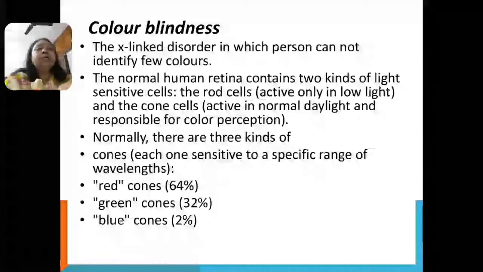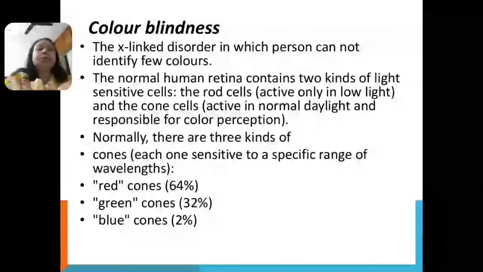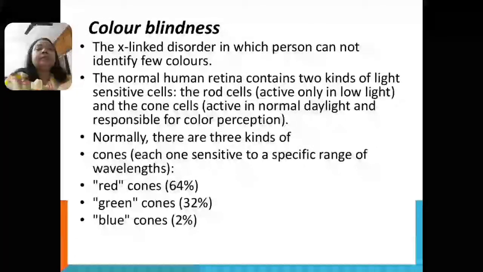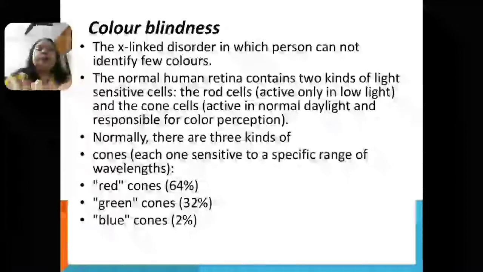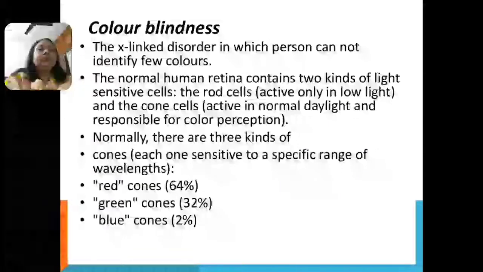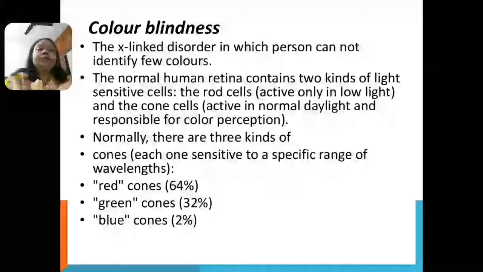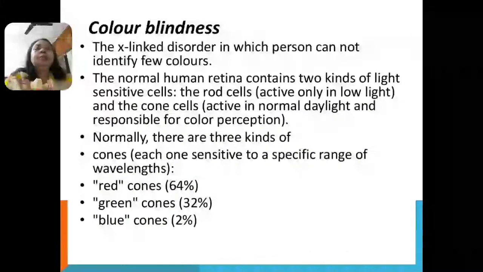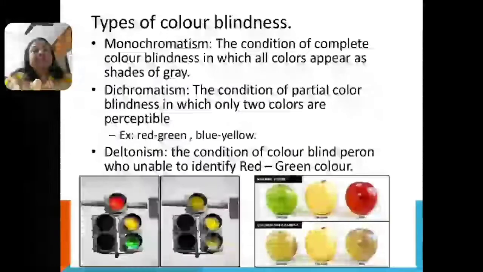Normally there are three kinds of cones, each sensitive to a specific range of wavelength. Red cones 64%, green cones 32%, and blue cones only 2%.